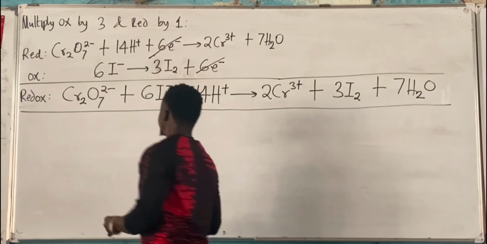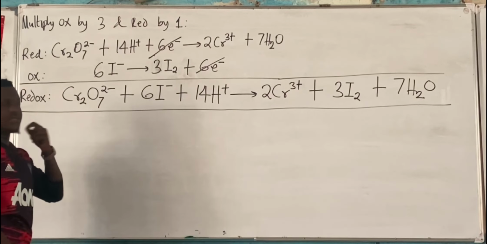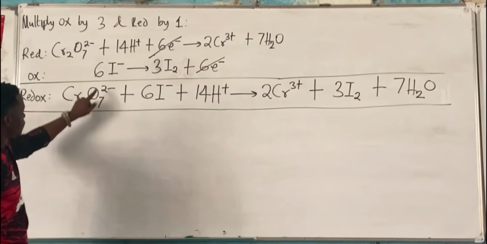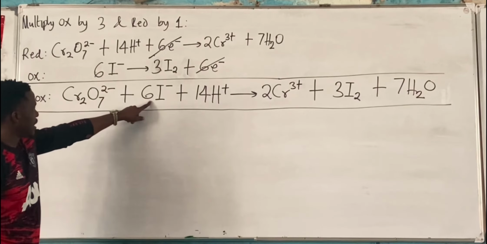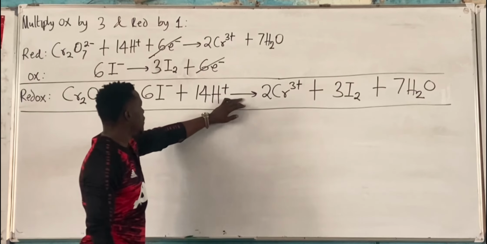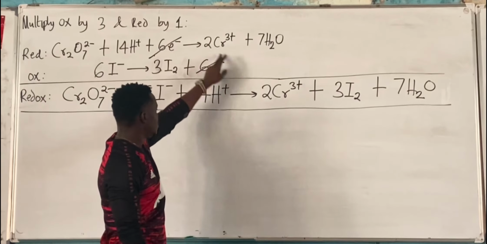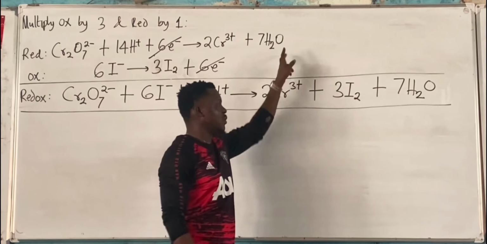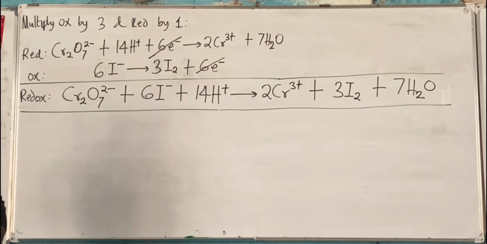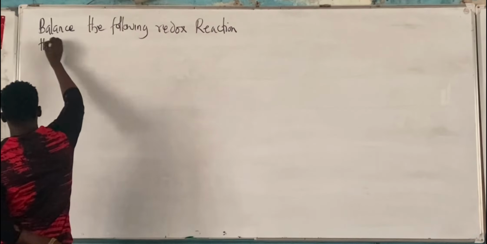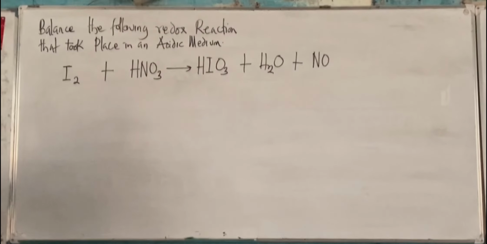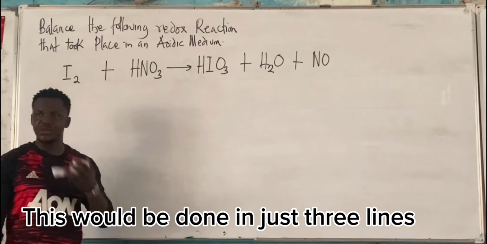How do you get this? You bring down what is on the reactant side. Cr2O7 2 minus is on the reactant side, bring it down. 6I minus is on the reactant side, bring it down. Now 14H plus is also on the reactant side, bring it down. Now moving on to the product side, this guy is on the product, you bring it down. This guy is on the product, and of course the water is on the product. So this becomes the balanced chemical redox reaction for that guy. Now it's a balanced redox reaction that took place in an acid medium.